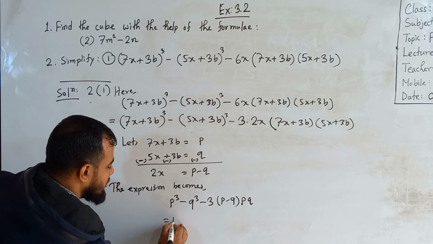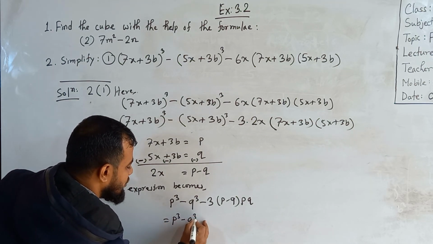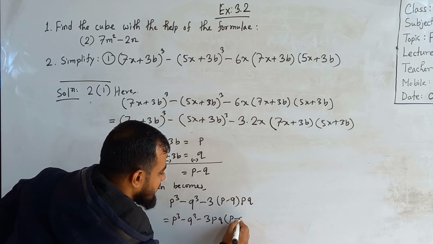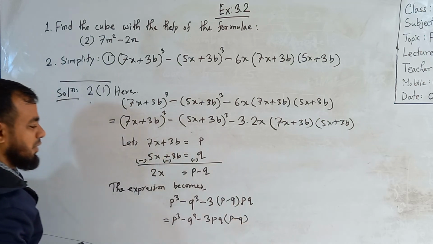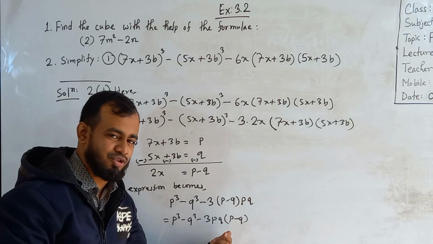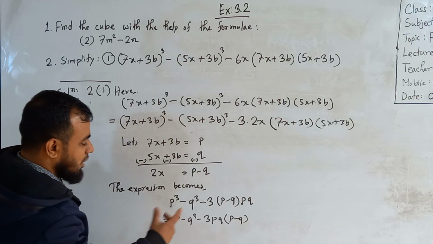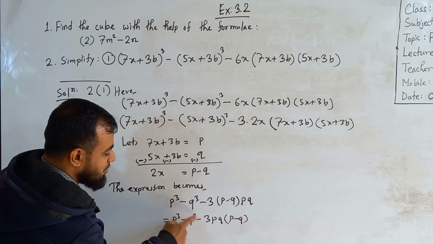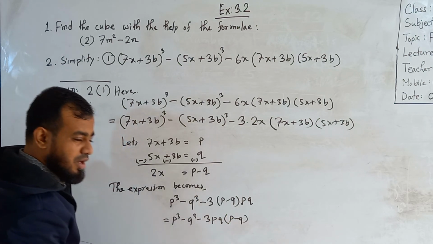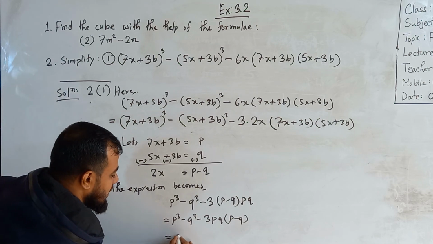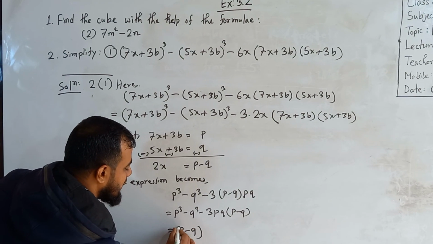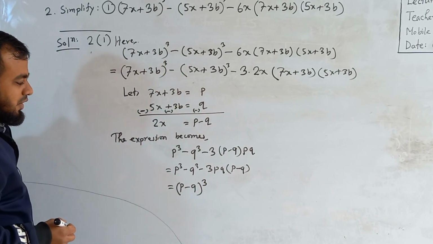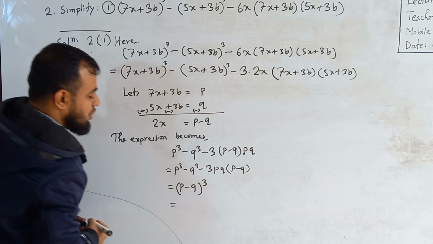We can arrange this as p cube minus q cube minus 3pq in the front and p minus q in the last, because the multiplier and multiplicand can be exchanged in position and the value will be unchanged. Now we can apply the formula: a cube minus b cube minus 3ab into (a minus b) equals (a minus b) whole cube. So it will be (p minus q) whole cube, where our a is p and our b is q.